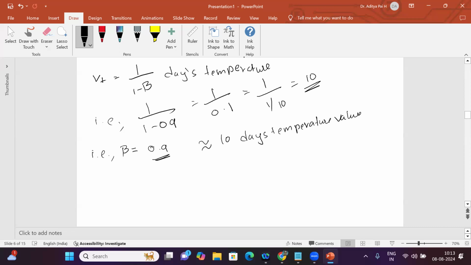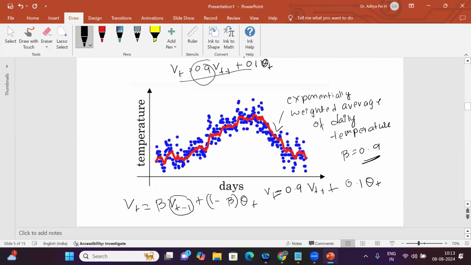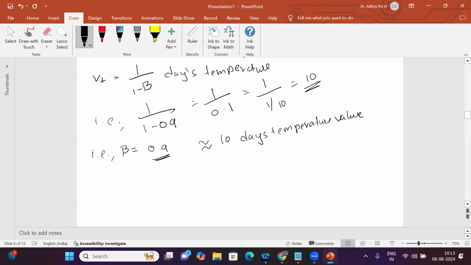So as you can see, the beta value, here I have taken 0.9, tells for how many days' values you are taking into consideration for the calculation.